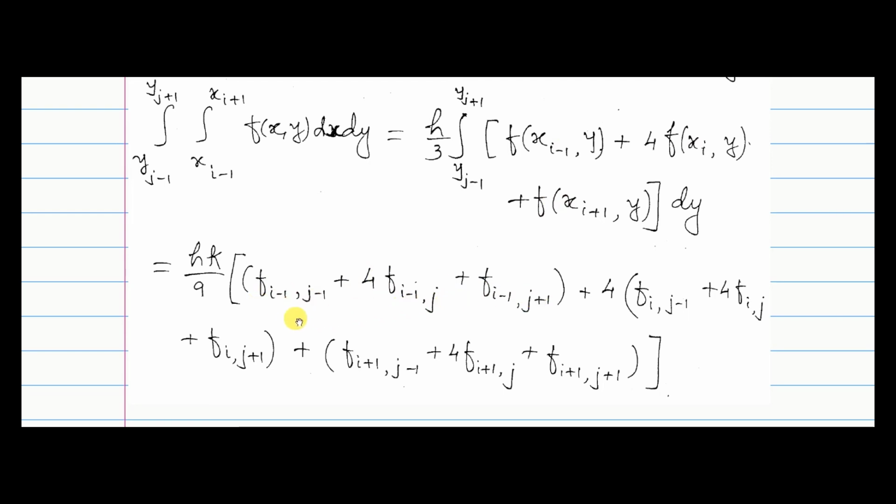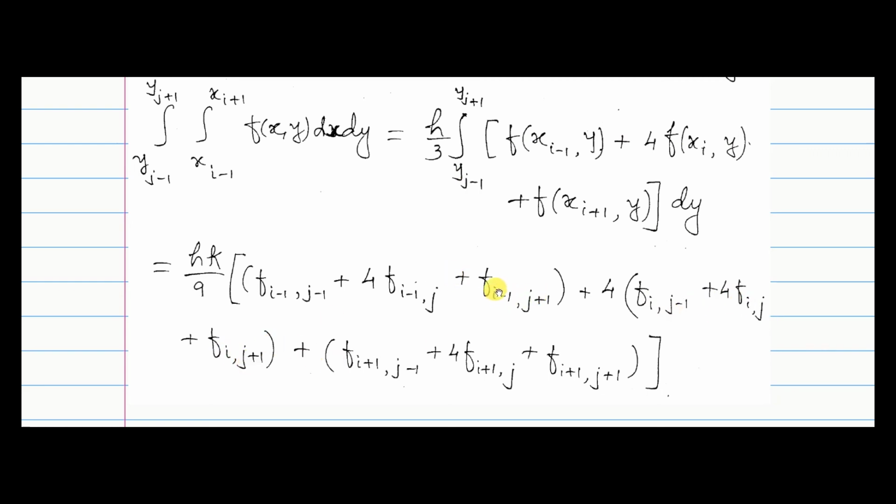These three terms are devoted to f of x_{i-1}, y only, plus 4 times. Okay, so plus 4 times. Now f of x_i, y, for that functional format, what we are going to write here is f_{i,j-1}, that is f(x_i, y_{j-1}), plus 4 times f_{i,j}, okay, the middle one, that is now the j one, and then again f_{i,j+1}.